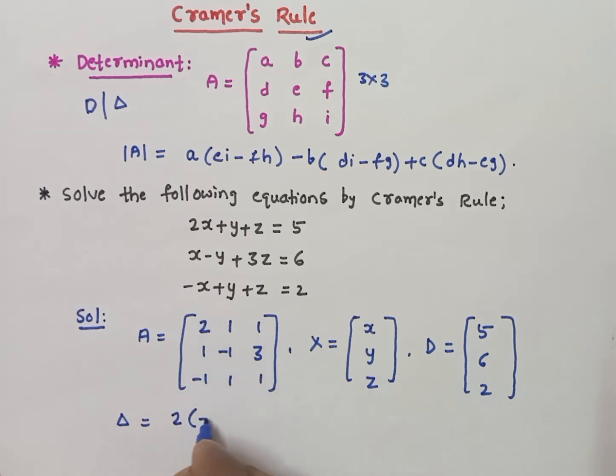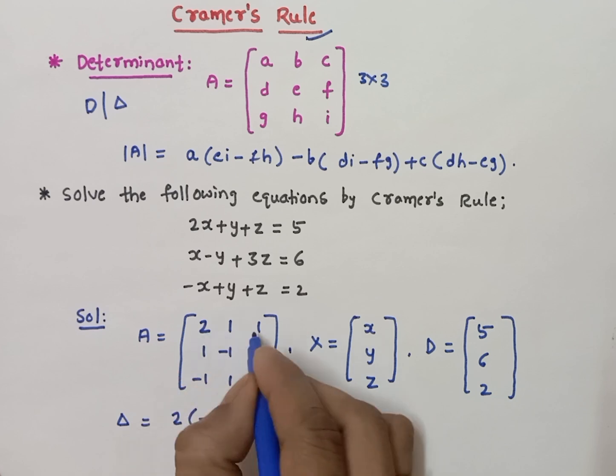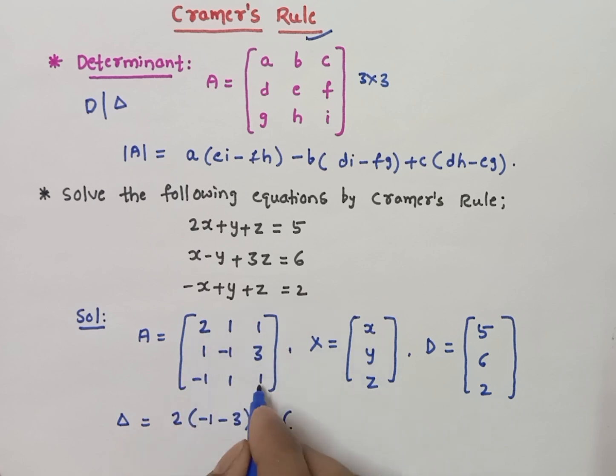Minus 1 into 1 gives minus 1. Minus 3 into 1 gives minus 3, so we get minus 4. Next, minus 1 of: delete the second row, second column and first row. So 1 into 1 gives 1, and minus 3 into minus 1 gives 3, since the minus is already there.